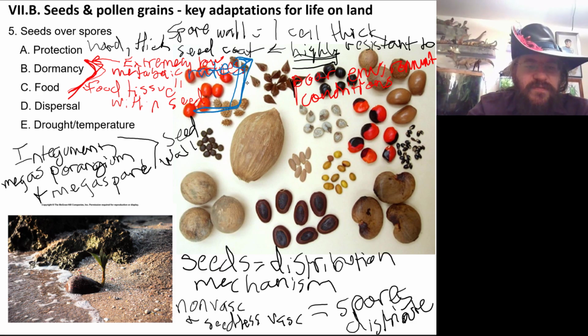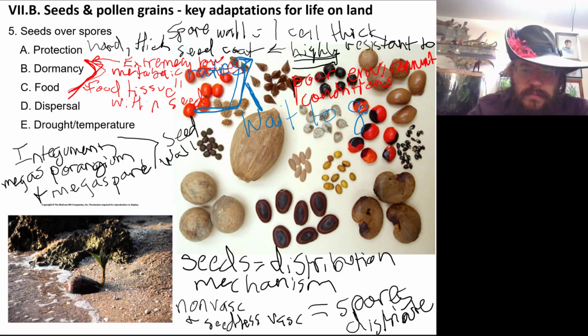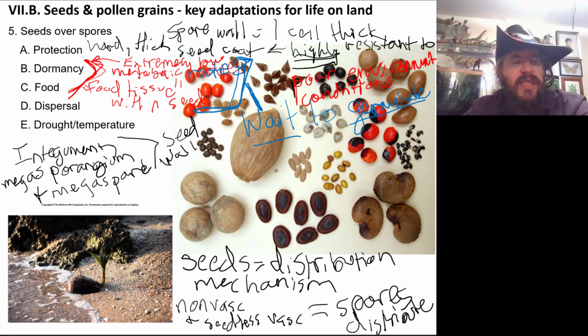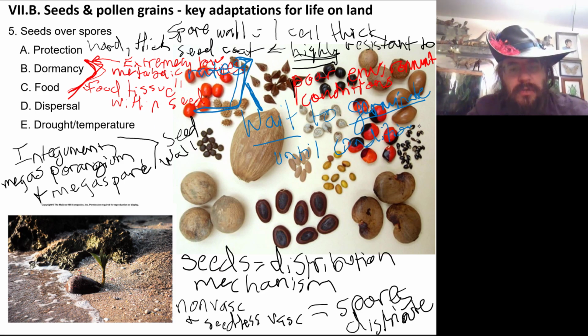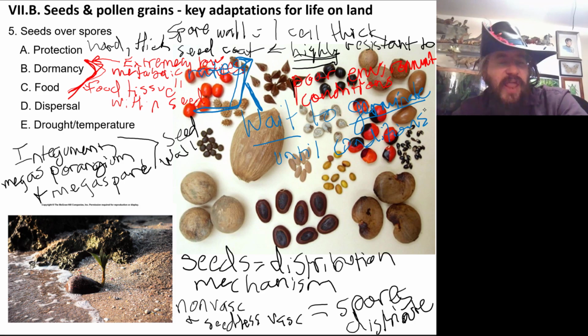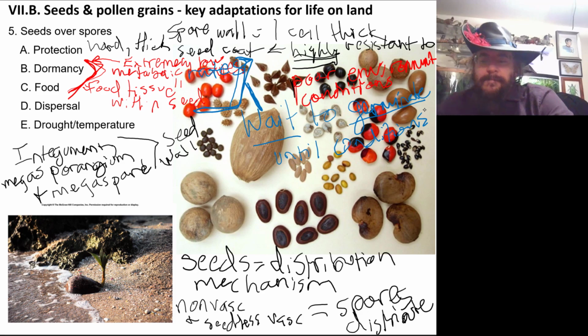Between dormancy and food, you can wait to germinate. Hey, that rhymes. Wait to germinate until conditions are good. Until, chef's kiss, conditions. Right? Not enough light, not enough water. Stay in that seed.